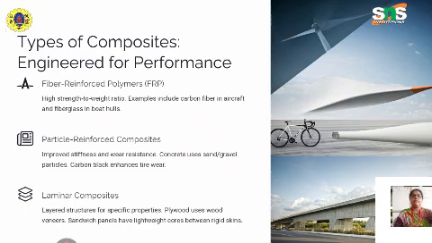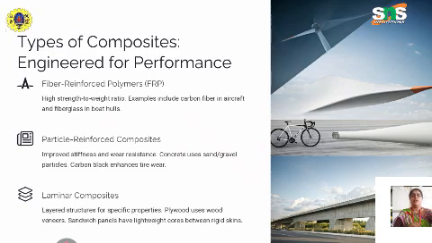Examples include carbon fiber in aircraft and fiberglass in boat hulls, as you can see in the diagram. Particle reinforced composites are the next type. They have improved stiffness and wear resistance. Concrete uses sand, gravel and particles, and carbon black enhances wear. So the wear resistance is greater in particle reinforced composites.